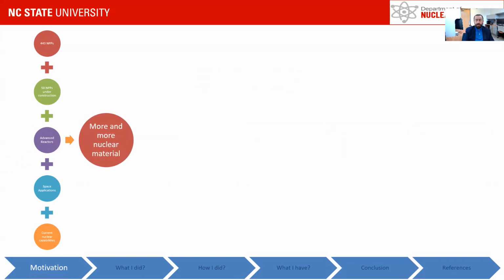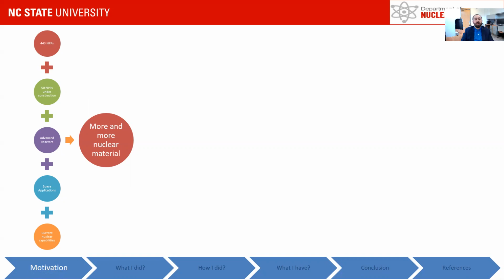There are many nuclear sources all around the world, including the current capabilities and the future works. In terms of current capabilities, there are more than 400 nuclear power plants. 50 are under construction, meaning at least a 10% increase in the number of nuclear power plants. Moreover, we have advanced reactors, which are more economical, more reachable, even transportable.